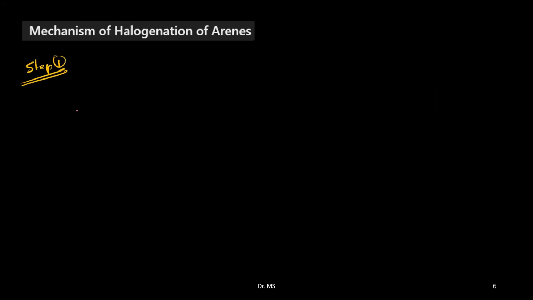What happens exactly in step number one is first we try to form the electrophile. So, formation of electrophile. What is an electrophile? Should it be a positive charge or negative charge?